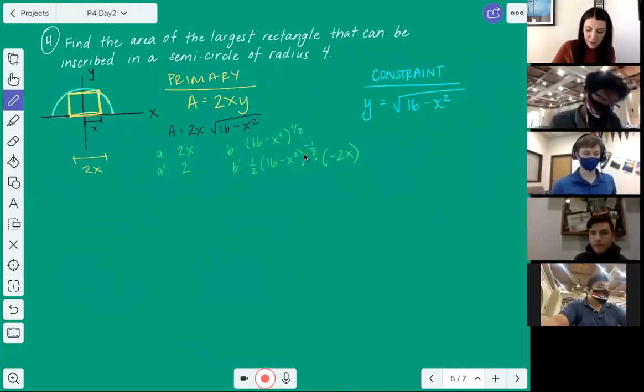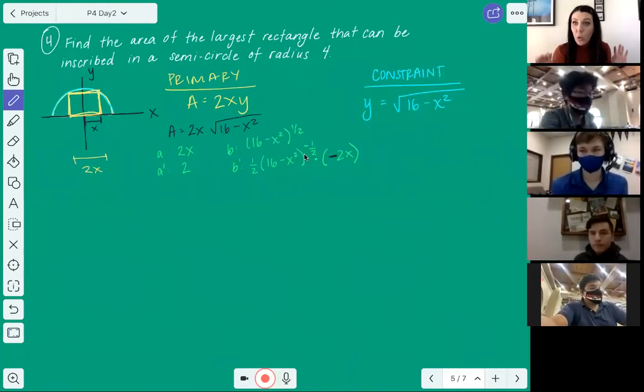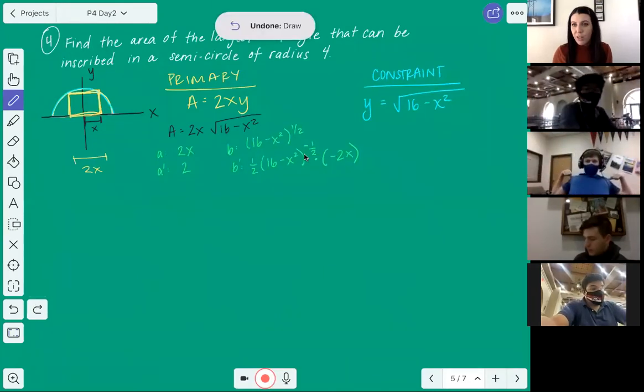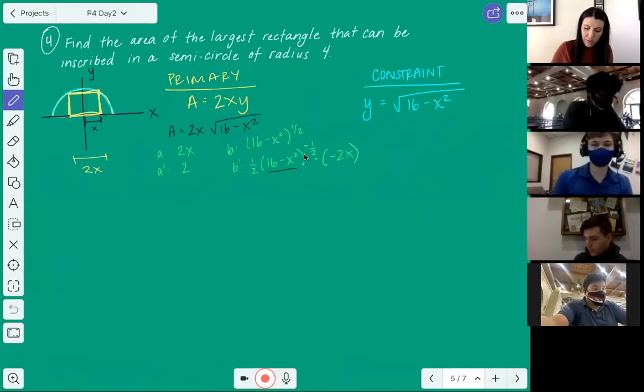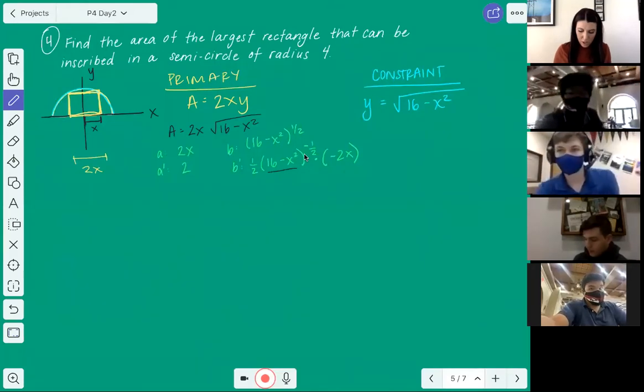Please, everybody look up here right now. Make sure you have this negative. A lot of students accidentally multiply by 2x and not negative 2x, and it changes all of their work from there. So make sure you have a times negative 2x, because again, we're doing the derivative of the inside function. The derivative of 16 is 0, so that goes away. The derivative of minus x squared is minus 2x.